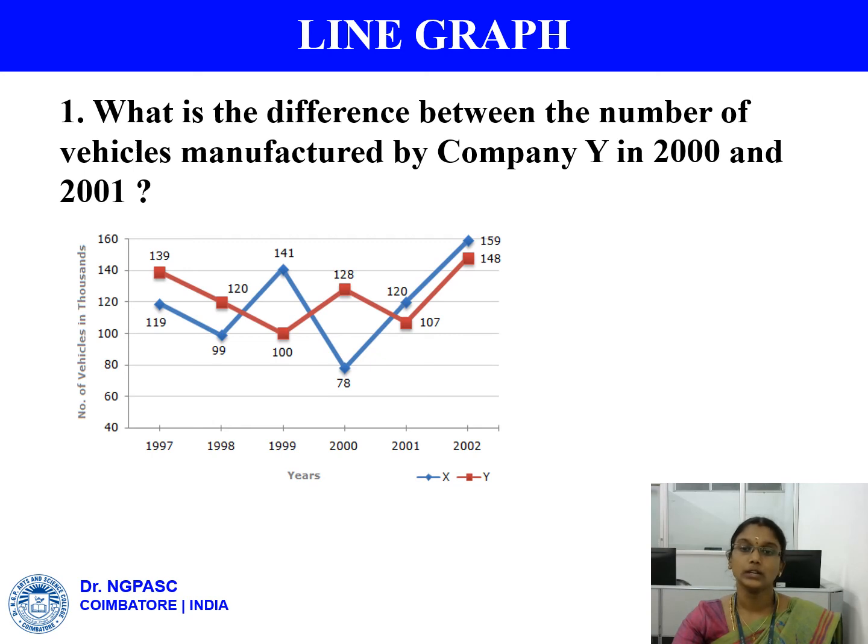First question: what is the difference between the number of vehicles manufactured by company Y in 2000 and 2001? Y is the red line and X is the blue line. Company Y in 2000 is 128, and in 2001 it is 107.